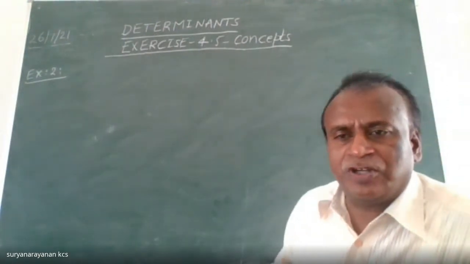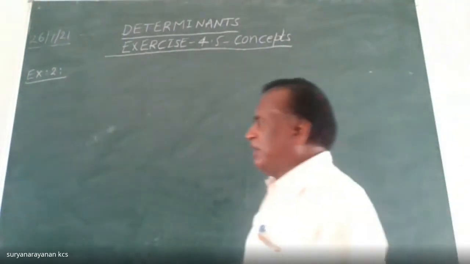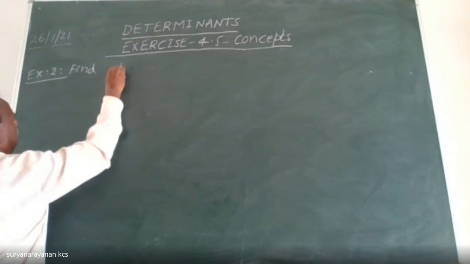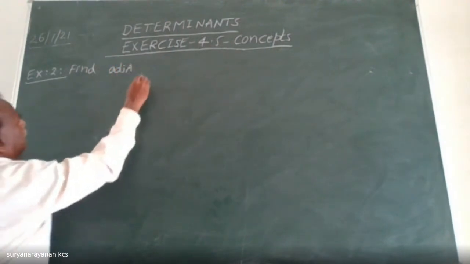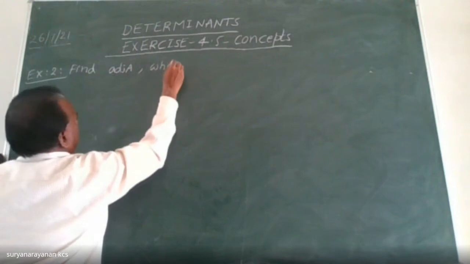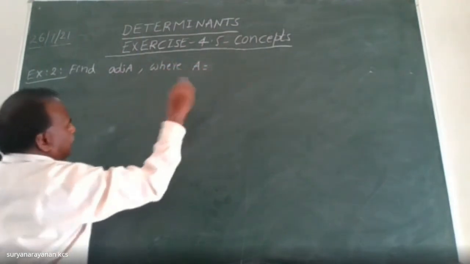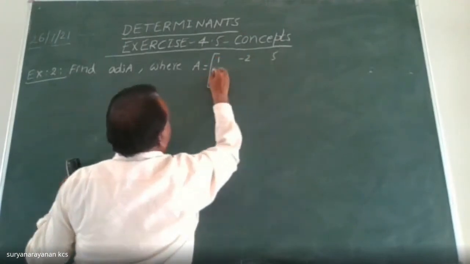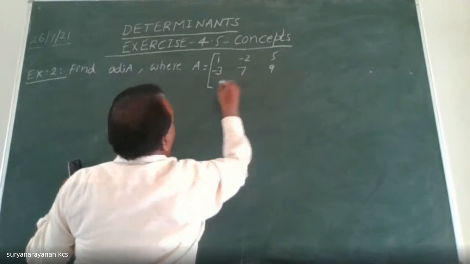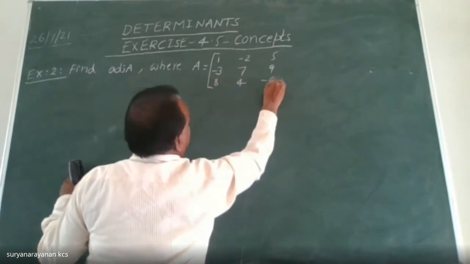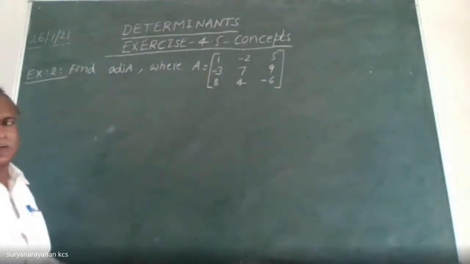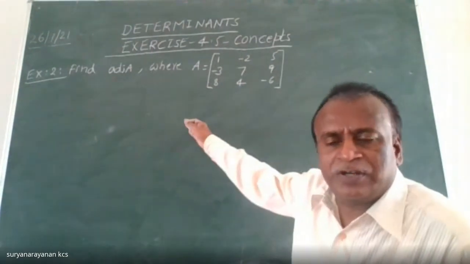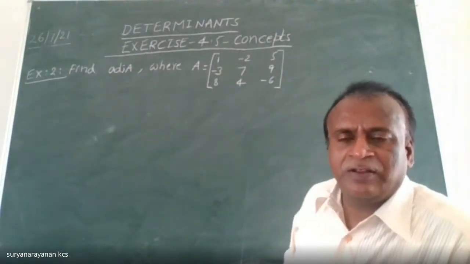How to find the adjoint of a square matrix of order 3. Same concept, we are just extending the same concept to a matrix of order 3.